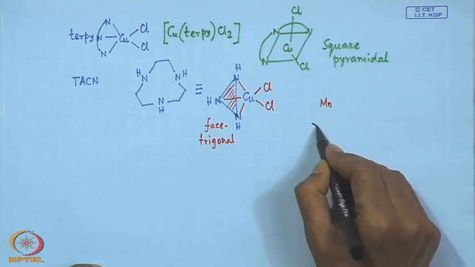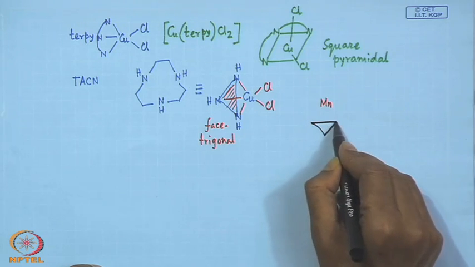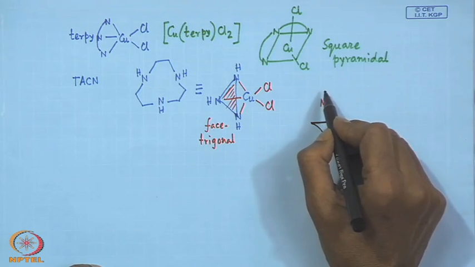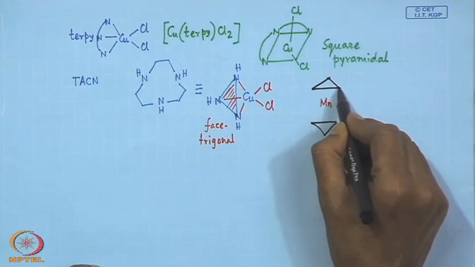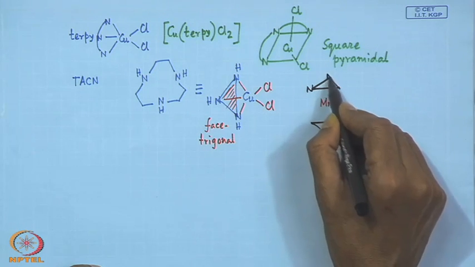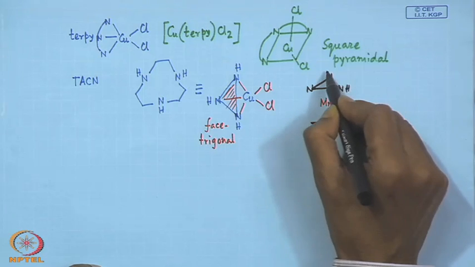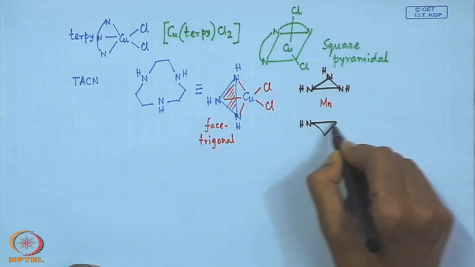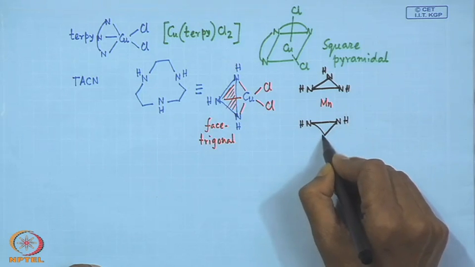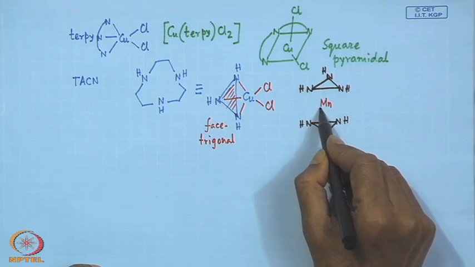when it supports the octahedral geometry, we can have one TACN from below and another TACN from above. So, these are all the nitrogens NH, NH, NH, NH, NH, NH.